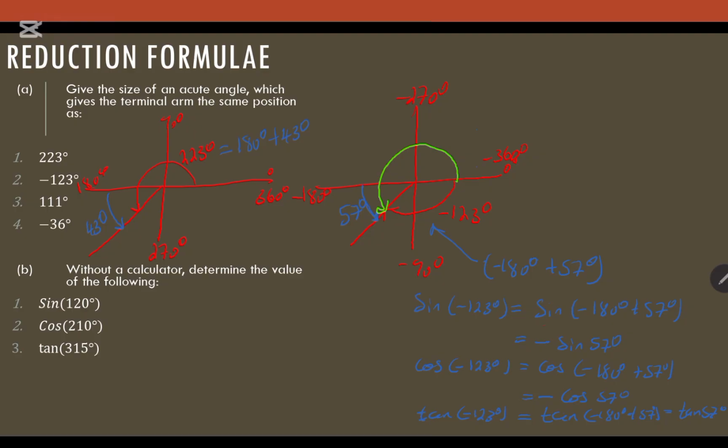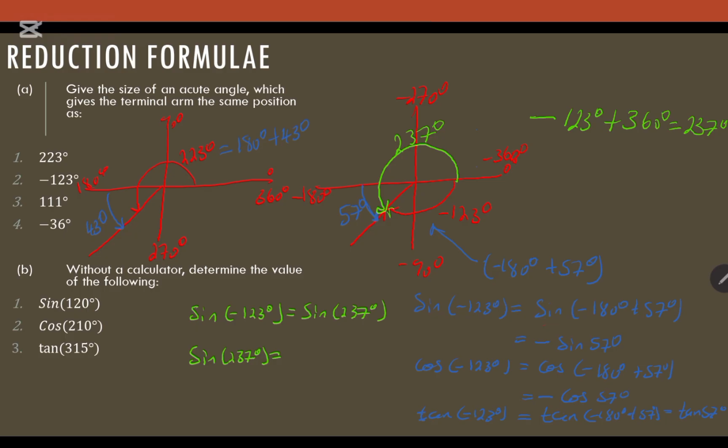So if this angle goes in clockwise direction and lands here, the size of this angle here is 237 degrees. If we don't want to work with the negative angle, we can express it that way: sine of negative 123 degrees is the same as sine of 237 degrees. So we can now work with the positive angle.